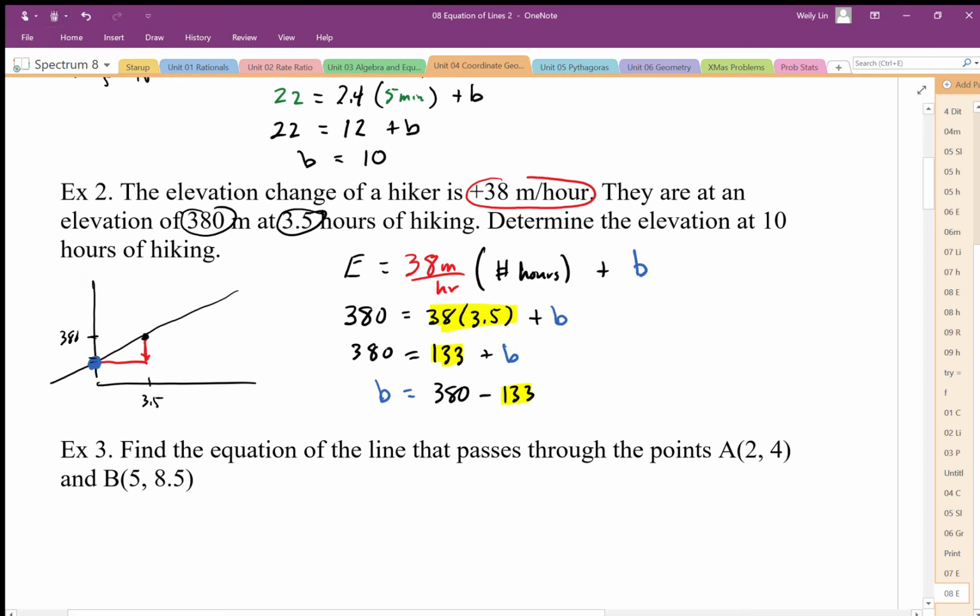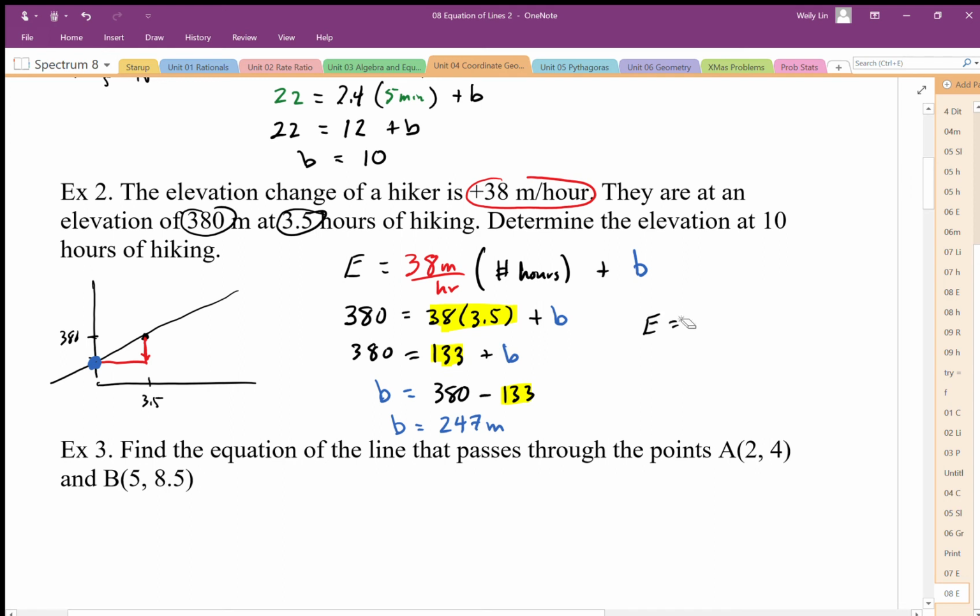In all said though, we're basically solving for B. So B is equal to 247 meters. So the starting point at 0 time, the starting position is going to be 247 meters. In 3.5 hours, I went up 133 meters and I ended up at 380 meters of elevation. So my equation then looks like this.